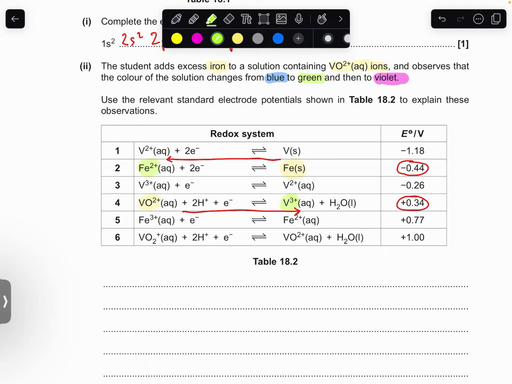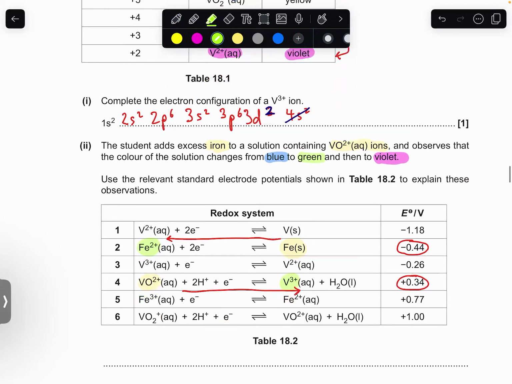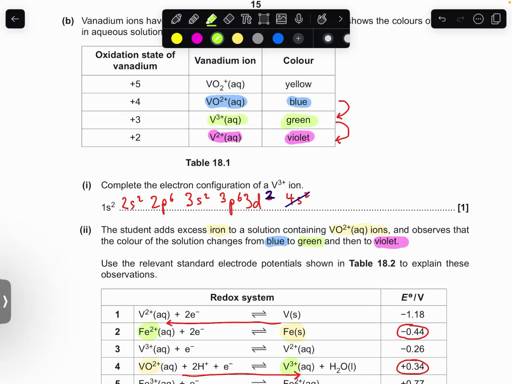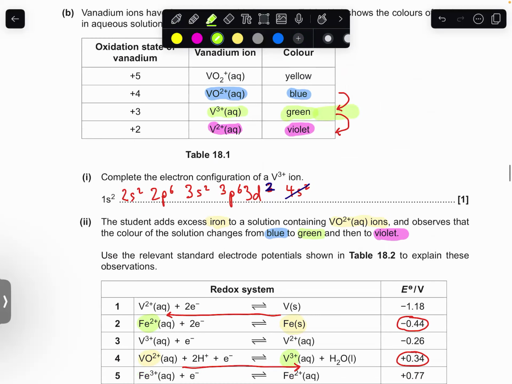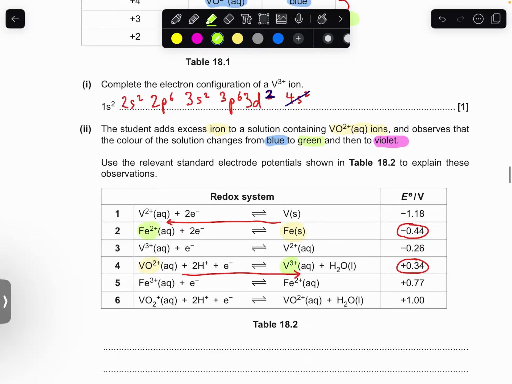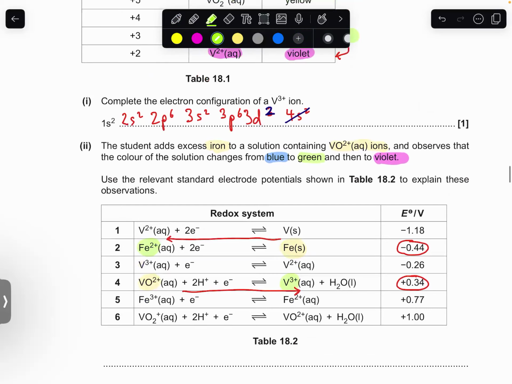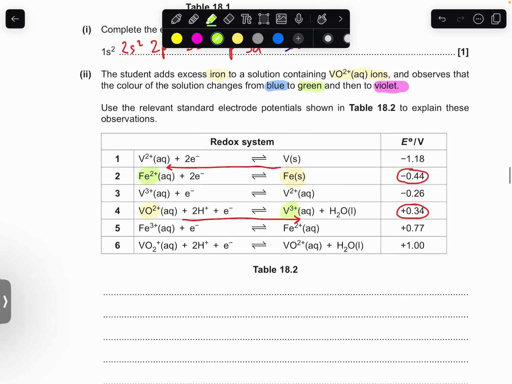Now, V3+, as it shows in here, forms a green solution. So that explains why it's green. And then it goes to violet. You see that V3+ is also over here in redox system 3, and this electrode potential is more positive than redox system 2.